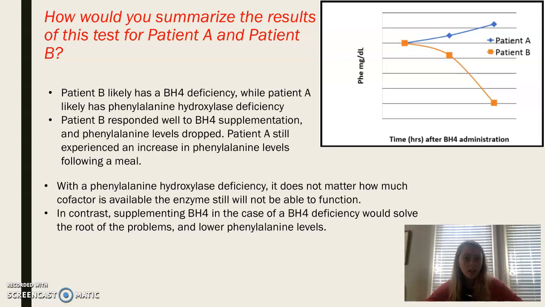It allows the enzyme to function normally again, so then it allows the conversion of phenylalanine to tyrosine, meaning that you would see normal phenylalanine levels again after the BH4 administration. So that's a way that you can distinguish a BH4 deficiency from a phenylalanine hydroxylase deficiency.